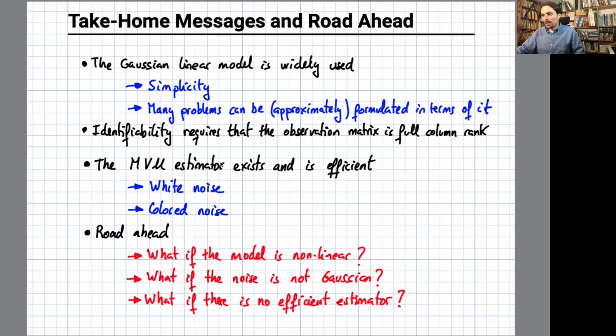And also, what if there are no efficient estimators? The method that we have now to obtain MVU estimators relies on the Cramer-Rao lower bound theorem, and it may happen that we are not successful in applying it.